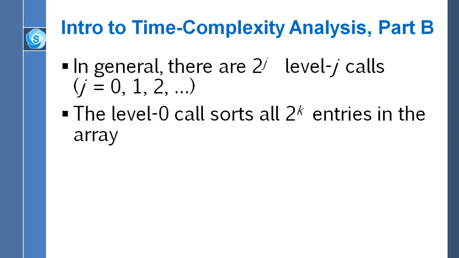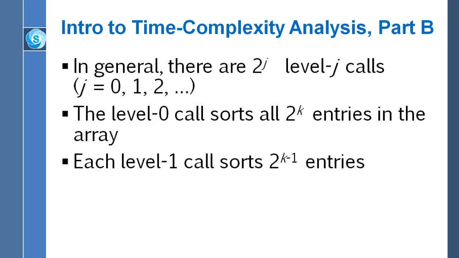The level 0 call is responsible for sorting all of the entries in the array. Each level 1 call is only responsible for sorting half as many. So 1/2 of 2 to the k is the same thing as 2 to the k minus 1. I want you to check that carefully and make sure you understand it, right?